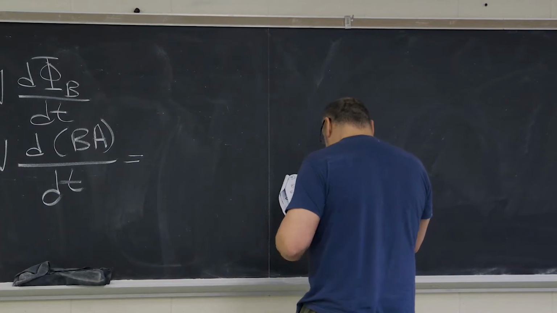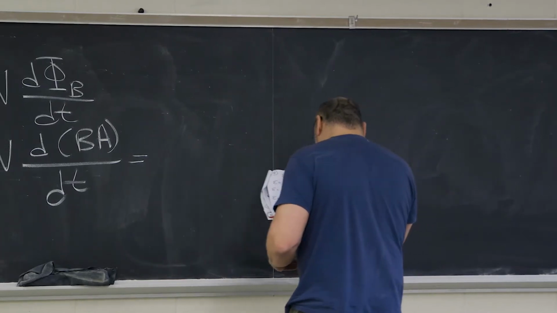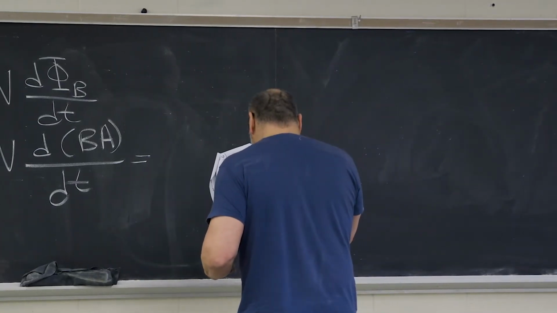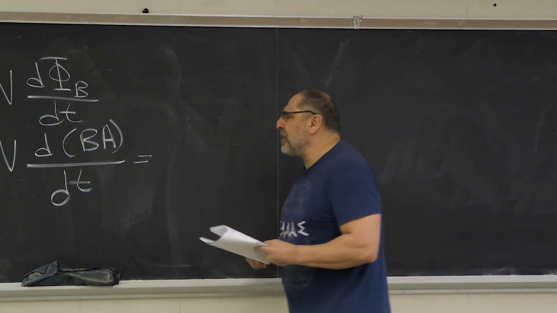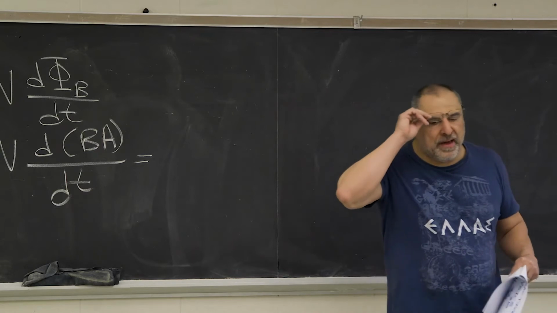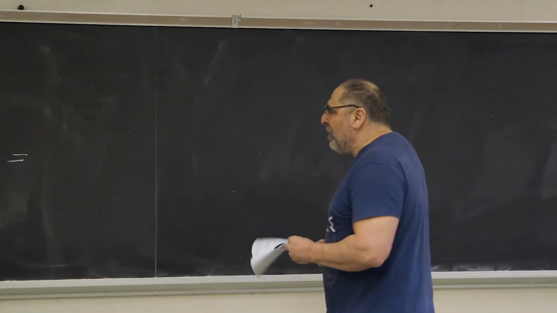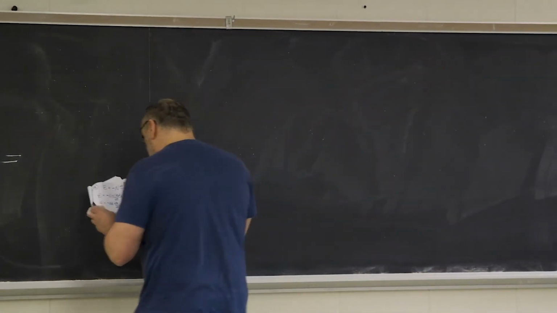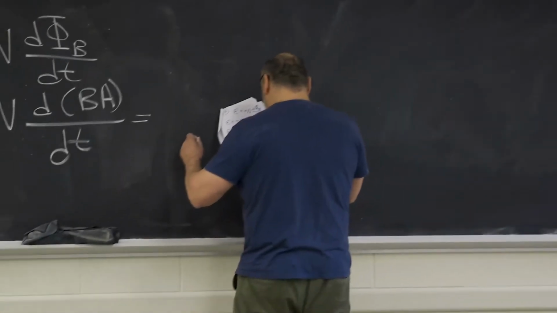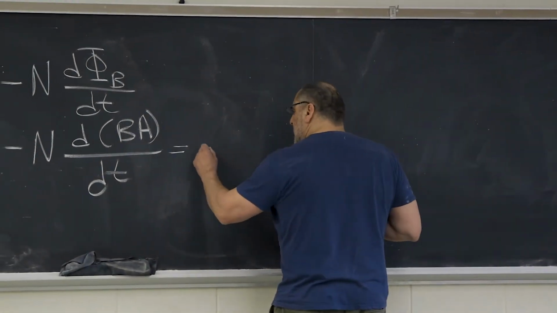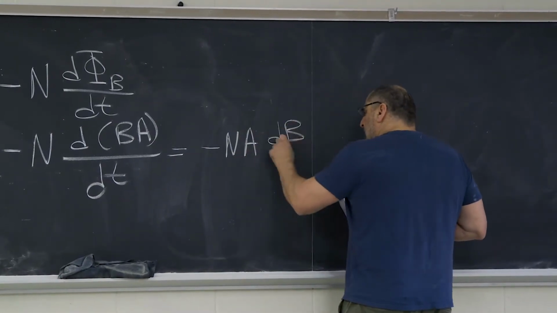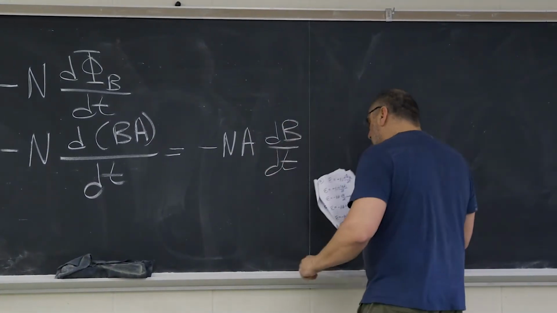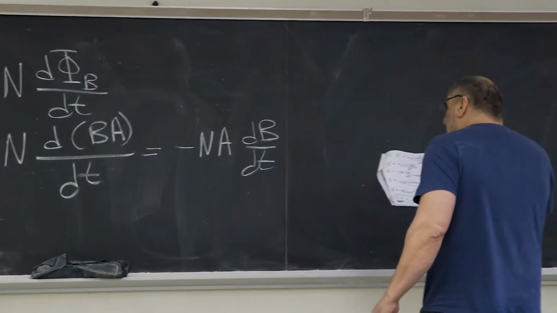So you can bring this out again, and you can say the B field itself will vary, but not the actual coil itself. So we're looking at a situation where you set it up as negative N, the area doesn't change, and you've got dB/dt.